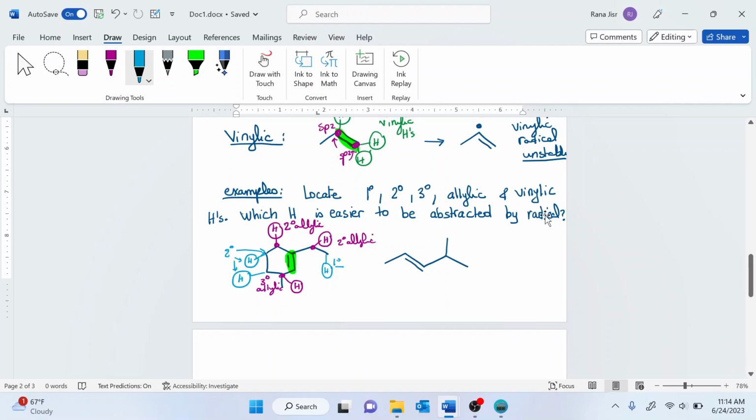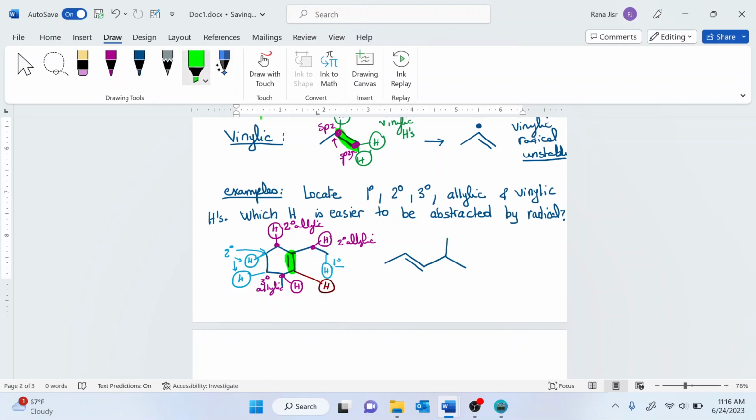So the radical has the possibility to come and take the three different allylic hydrogens if you have three different allylic hydrogens. The radical will not come and take this vinylic hydrogen because it is going to generate a vinylic radical, and we said that vinylic radicals are completely unstable because the bond between the sp2 hybrid carbon and the hydrogen is a stronger bond.